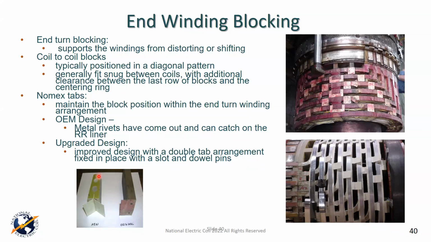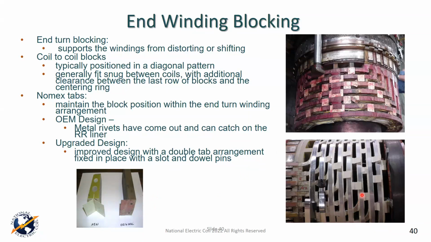So this is actually a coil to coil block you see here. This is an end block, because this is a perfect rectangle. This is angular, or trapezoid shape basically, okay? And they fit in there in those tabs. Some of those tabs are underneath those bands holding it, and the other tab. When this thing's operating, these tabs push up against the retaining ring and hold the wedge in place. So it maintains its position holding the coil.